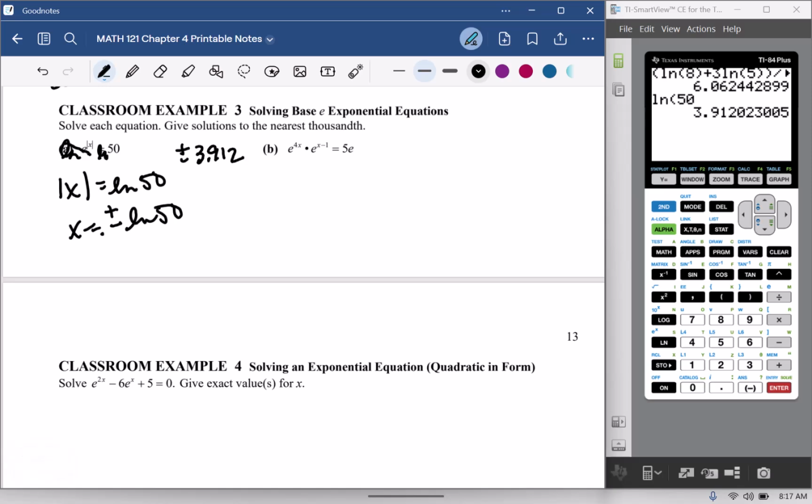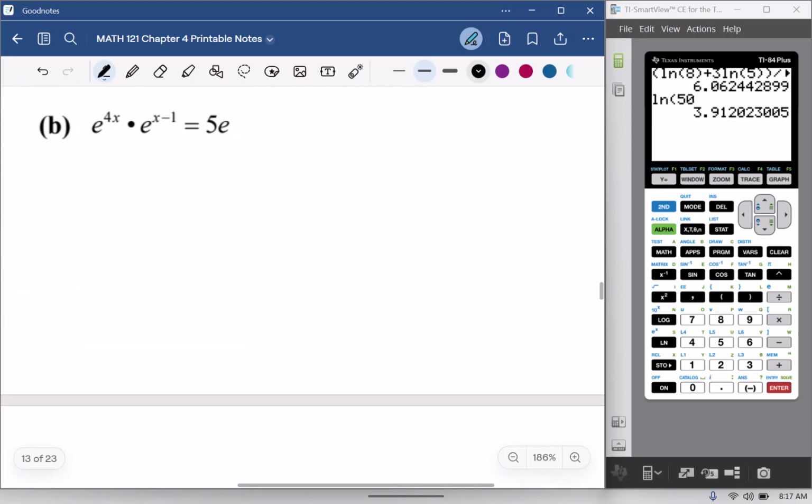And then B is a little on the tricky side, so I'm actually going to make it big. I'm going to need the space. So what I'm going to do is divide by e to get everything on one side. And I'm going to use my exponent properties: when you multiply like bases, you add your exponents, and when you divide, you subtract your exponents.